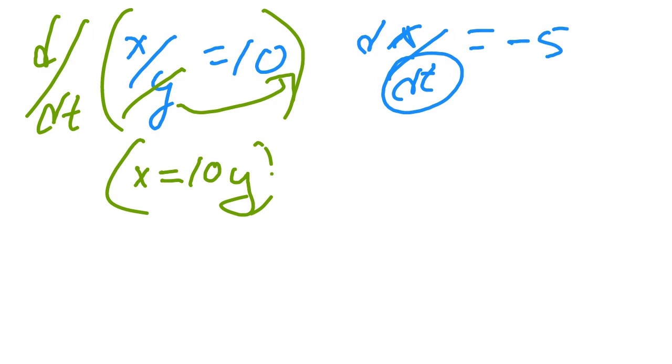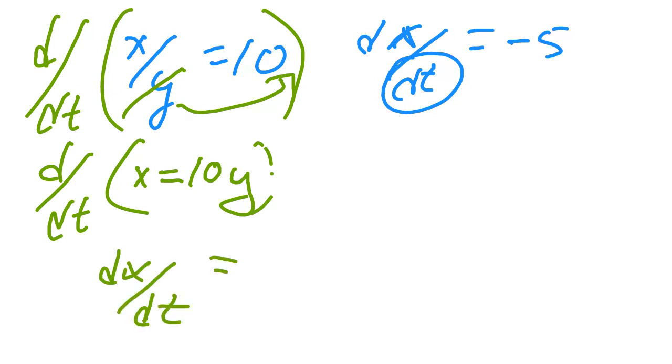Now, if I take the derivative of both sides with respect to t, what would I get? I'd get dx dt equals what? Well, the derivative of 10y, you act like it's a variable, so the derivative is 10, but it was a y, not a t, right? So I attach a dy dt by implicit differentiation.